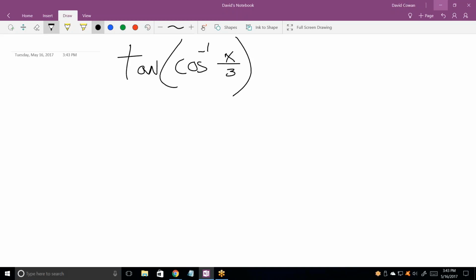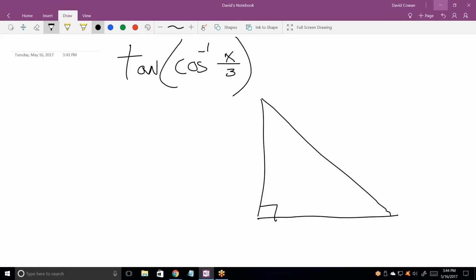Draw your triangle. Well, yeah, I'm going to draw a triangle for sure, but I'd say the more important first step is to recognize that that's an angle and label it such.